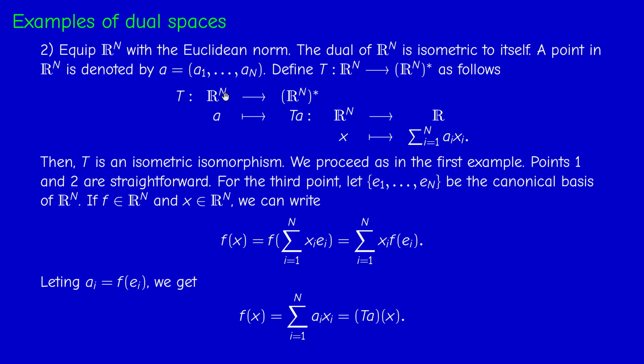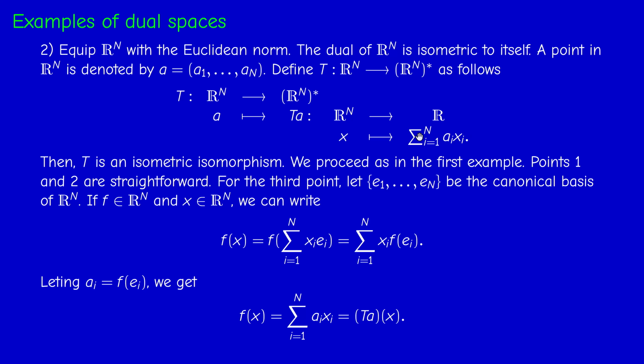Same thing, instead of Rn, we can take a Hilbert space. It's the dual, and so TA is the operator from the Hilbert space into R that to each x associates the dot product, or the inner product, between A and x. So it's a useful exercise to test your understanding. Just rewrite the proof in this more general context of a Hilbert space.